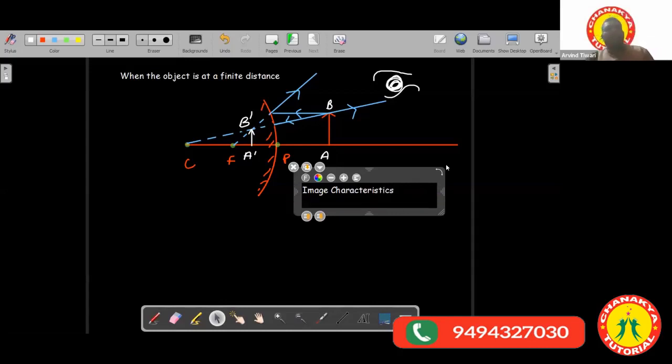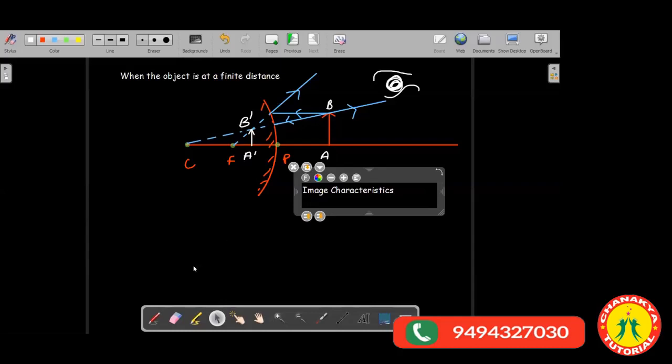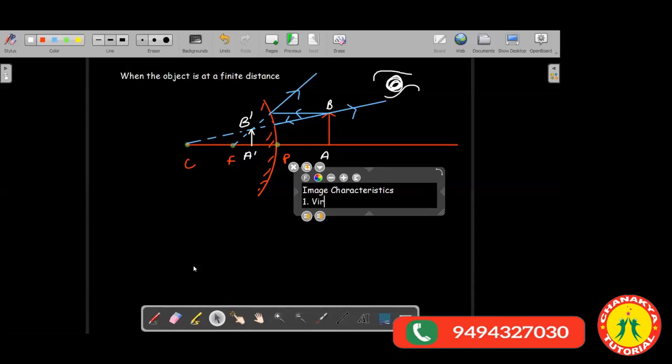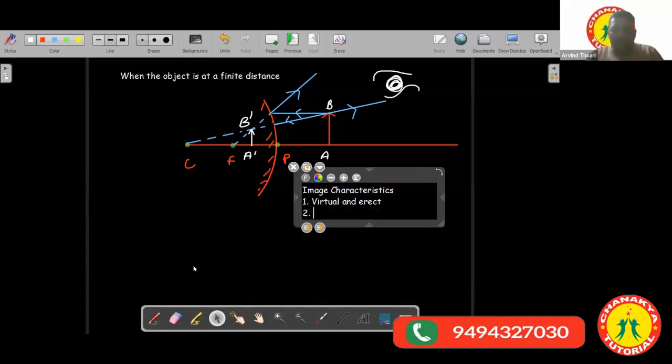Sir, it will be virtual. Okay. So it's virtual and erect. Sir, it's between F and P. It's formed between F and P. Very good. Then third point.